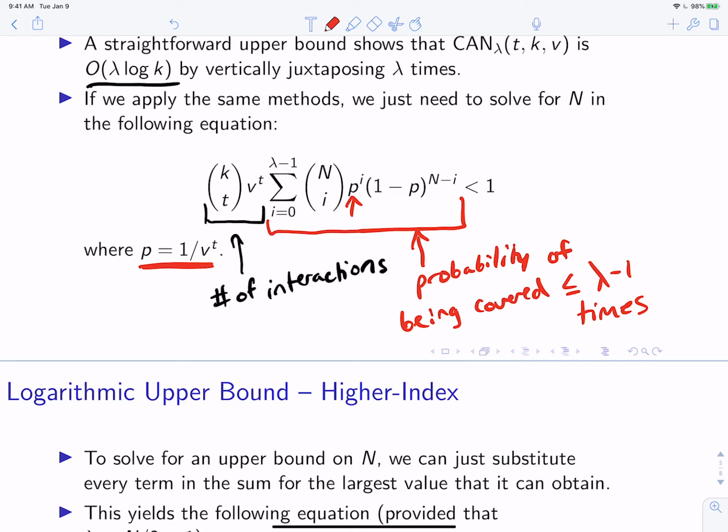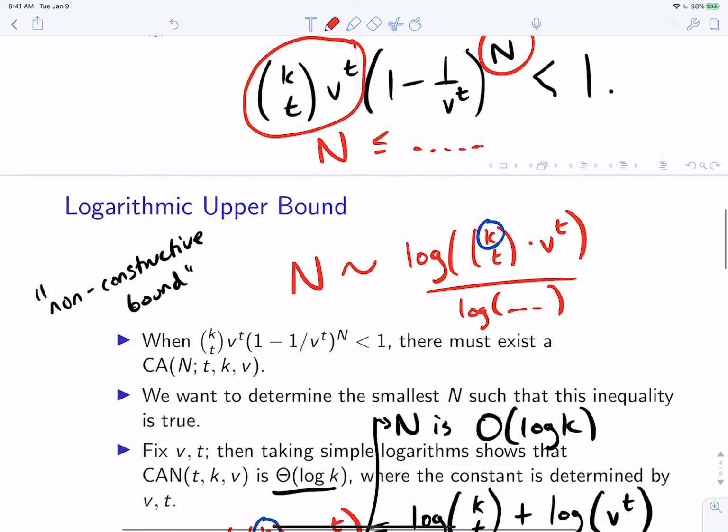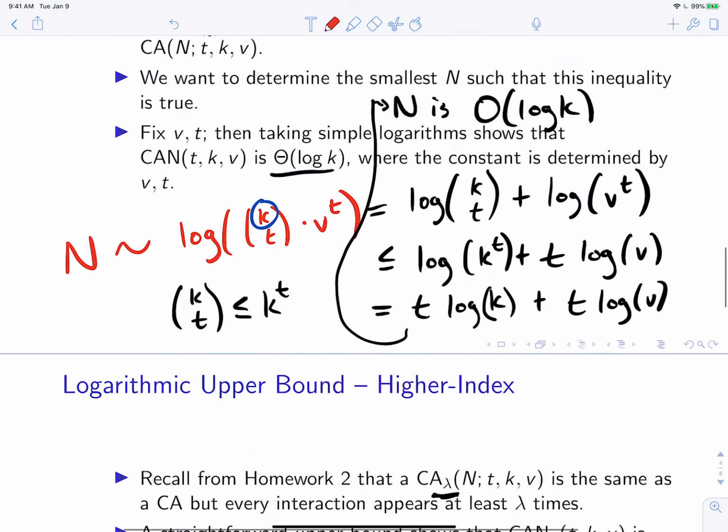So it'll be k choose t times v to the t times something plus something else. It's really, really difficult to extract the n out of the equation. Whereas before, there was only one instance of n, so we could just take a simple log to fix everything.